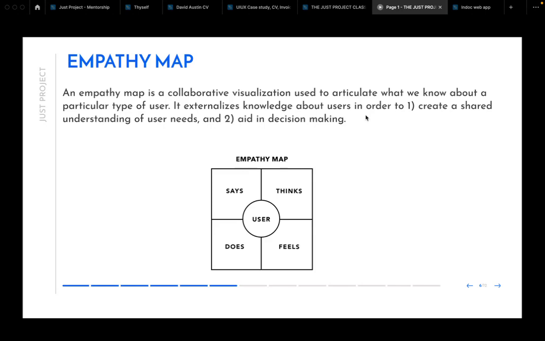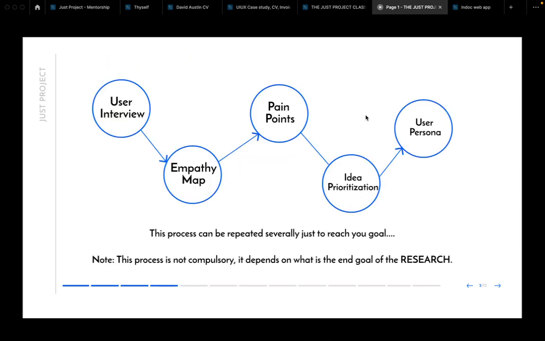So just put as much as you can into this empathy map, but make sure that they're in the right section because each section takes you to a new section. So if you don't do this particular section very, very well, you won't be able to answer the next section very, very well. So each section, the user interview, empathy map, pain points, ideas, user persona, each section is very, very important.